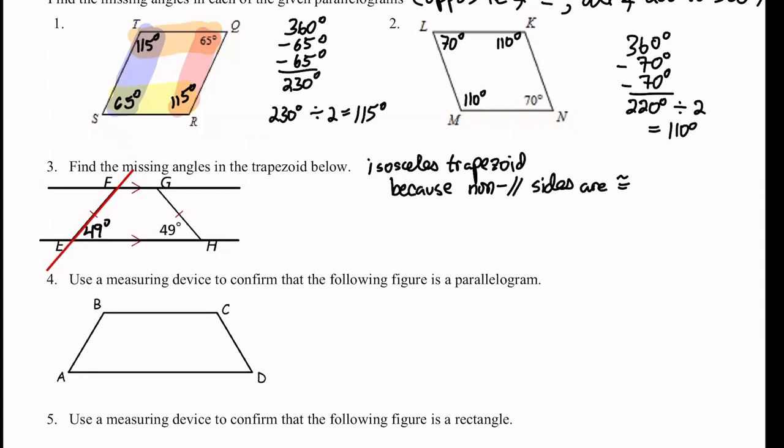There were a lot of different conditional sentences that we use to discuss this, but we could say if two parallel lines are cut by a transversal, then the alternate interior angles are congruent. We could say the alternate exterior angles are congruent. We could say if two parallel lines are cut by a transversal, then the consecutive angles are supplementary.